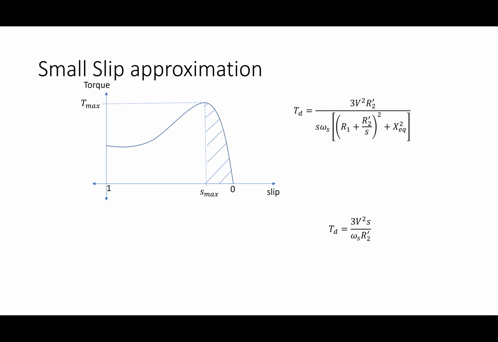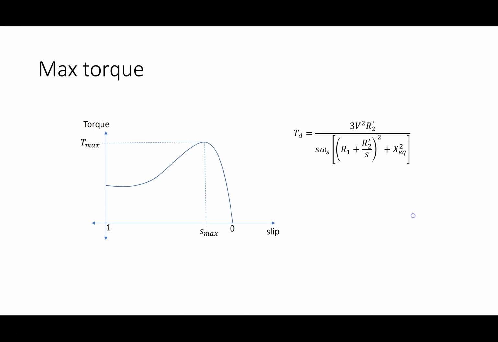Moving to the small slip approximation, as S becomes very small, this value becomes very large. And since this value becomes large, we could get rid of this, and we could get rid of this, and then these will cancel here. Of course, this one is squared, so you'll still get 1 on the denominator, and you end up with this equation here for the small slip.